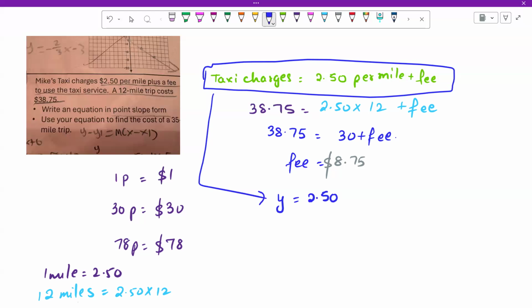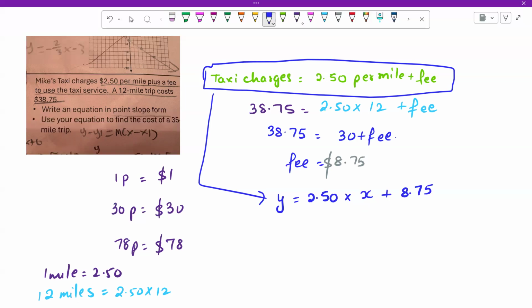Can we say mile is x, because every person is going to travel different miles? Some may travel 12 miles, some may travel 30 miles, some may travel 5 miles. Can we say it is x? Yes. Plus there is the fee that we calculated. The fee is always this for the taxi service.